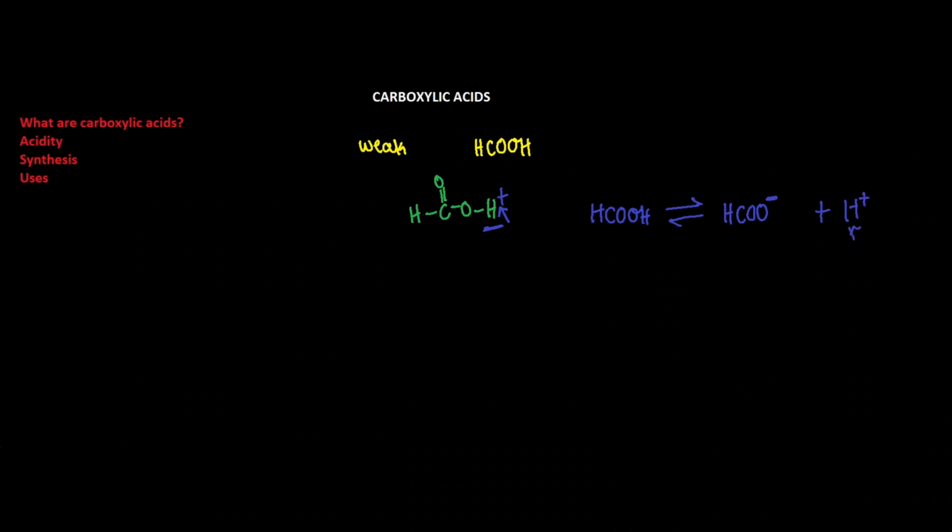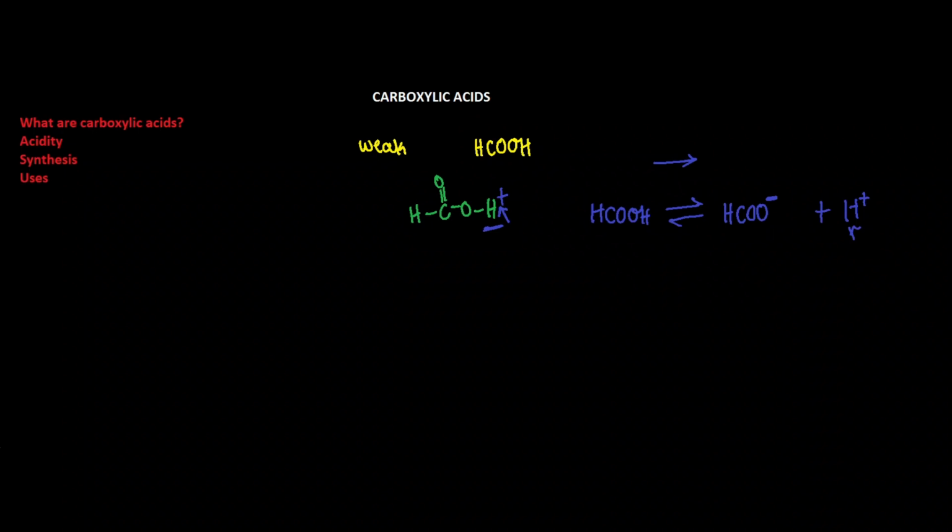This is the hydrogen ion responsible for the acidity, and carboxylic acids are weak acids because of this equilibrium. Generally, the dissociation reaction for strong acids is a one-way reaction, a forward reaction. Specifically for carboxylic acids, the dissociation is just about 1%.